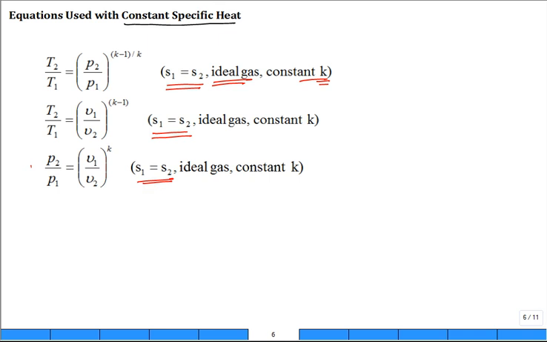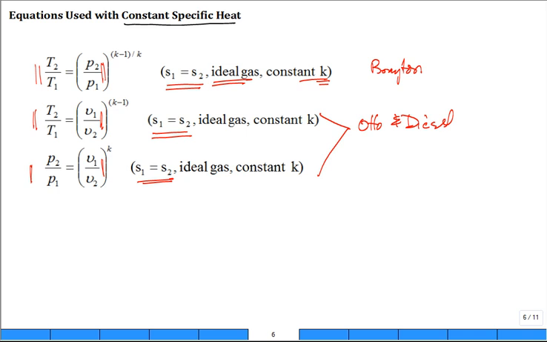How pressure changes can be related to volume changes, temperature changes to volume changes, and these were used a lot for the Otto and the diesel cycle, were they not? Because we talked about what type of ratio? A compression ratio, which is a ratio of volume changes. But when we talk about the Brayton, we talk about a pressure ratio.